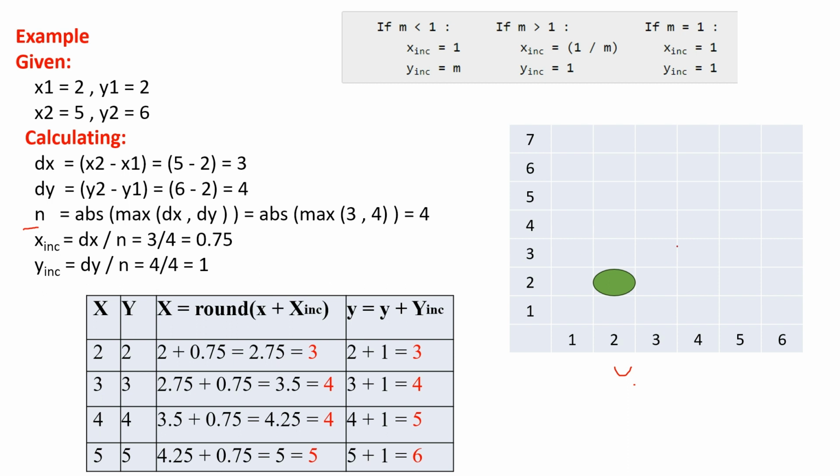Then y equals the existing 2 plus the increment 1, which equals 3. Similarly, for the next iteration, we take this answer and add the increment value to get 3.5.